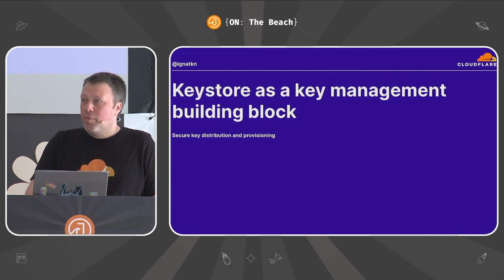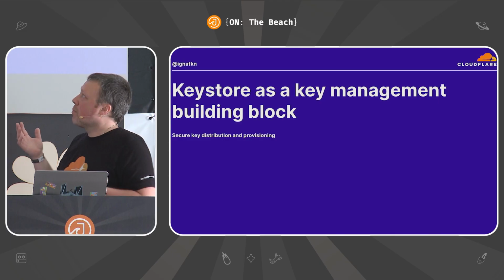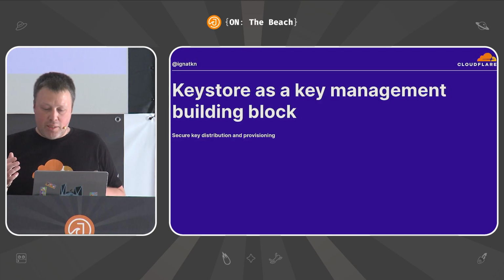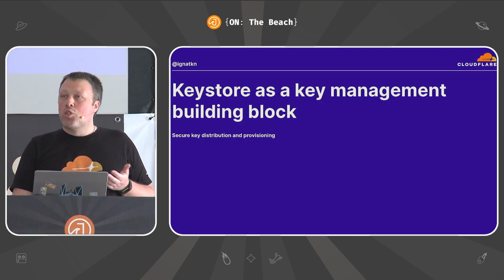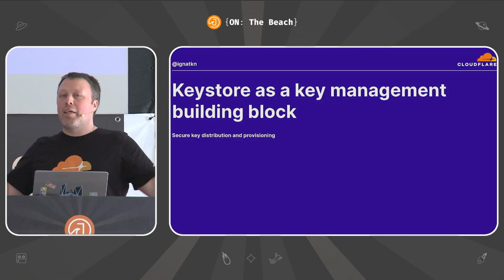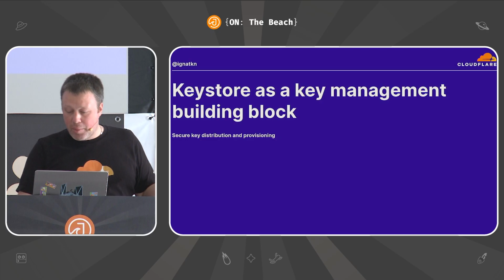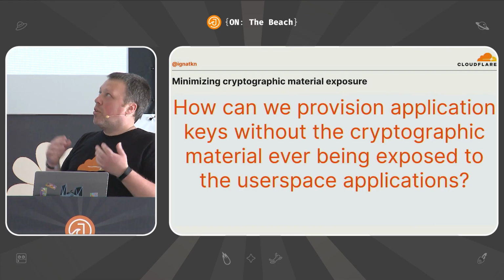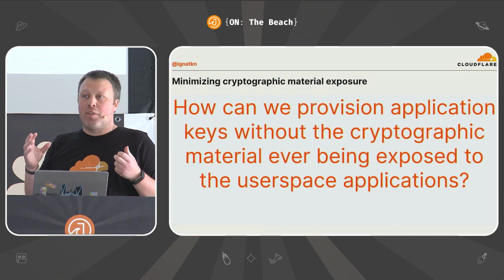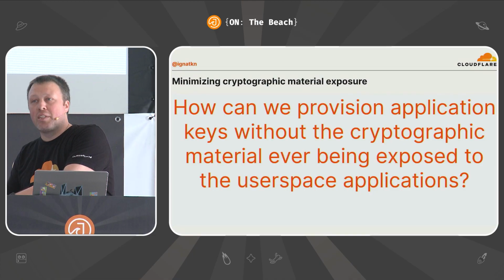So from a user perspective, it's really great, but there is one problem, which we also want to address if we want to build enterprise secure systems: proper key management. In all these examples, even though we have the cryptographic material, an application needs to put it inside the kernel.